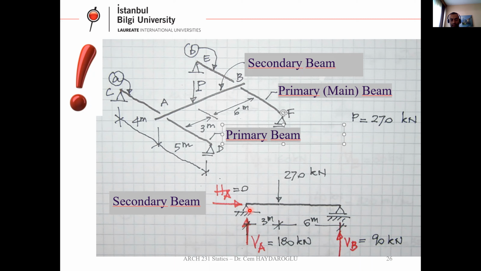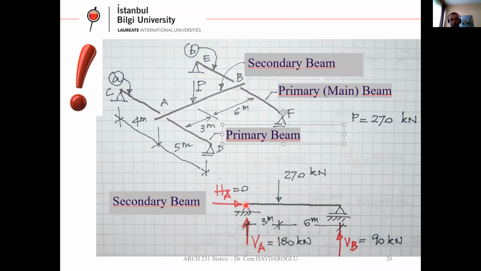We are going to take this out here. This is the secondary beam as a sketch. We have one primary beam here at the left-hand side, one primary beam at the right-hand side.